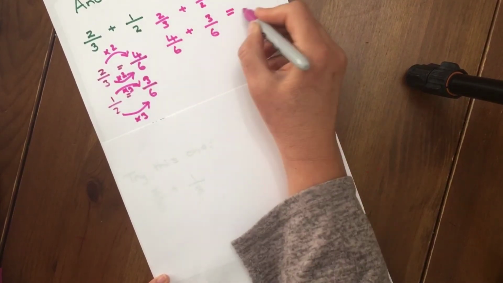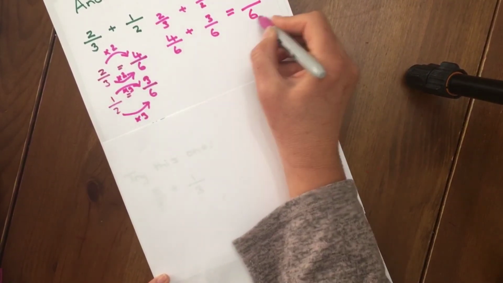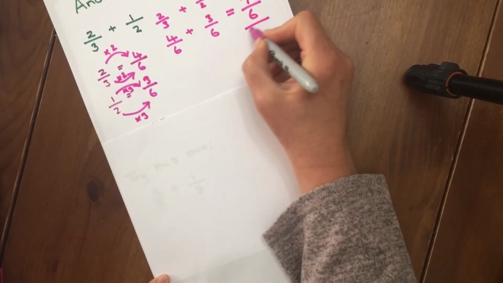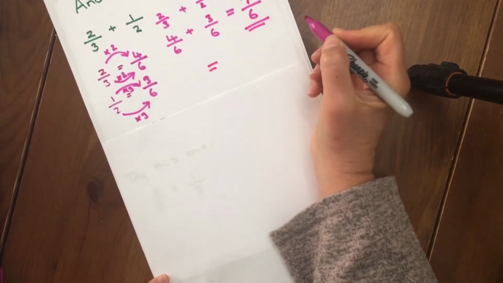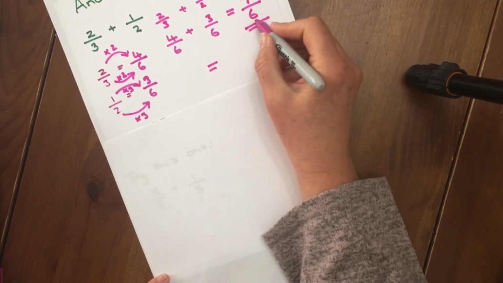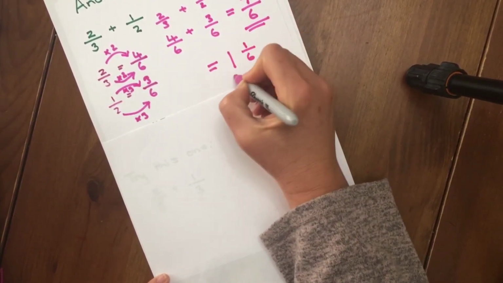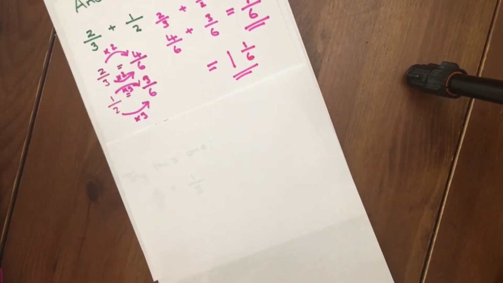So I'm adding these, the denominator is the same, so I can do it, and I've got 7/6. You can leave your answer as that, or you could change it to a mixed number. 6 goes into 7 one whole time, with 1 left over.